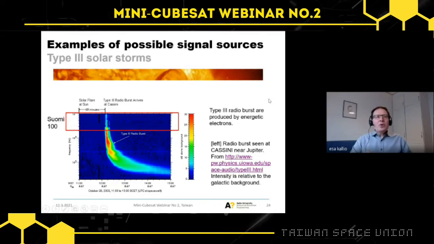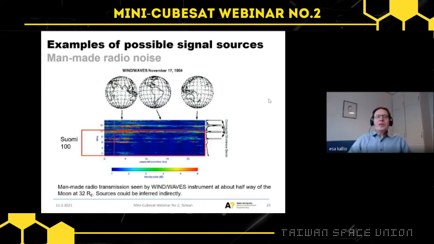Then there is also all kinds of noise. So man-made radio signals that are not made for research purposes. For example, here you can see a signal that might come from different places, let's say from India, California, Australia.